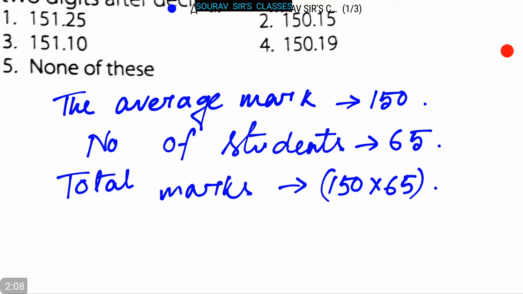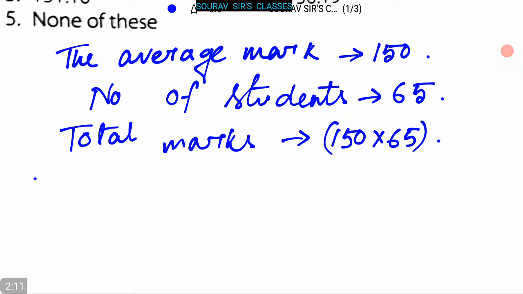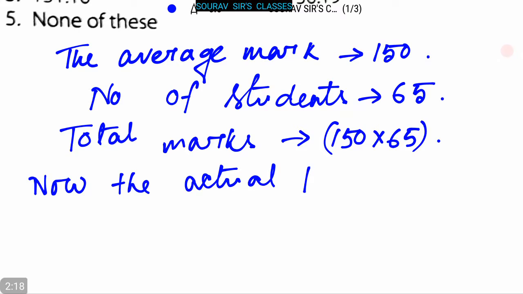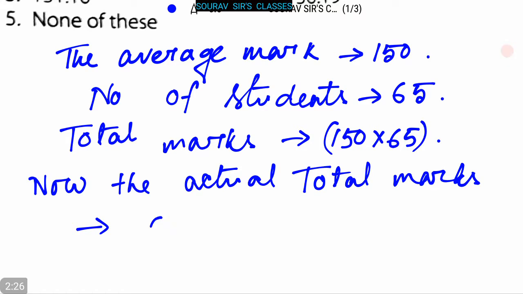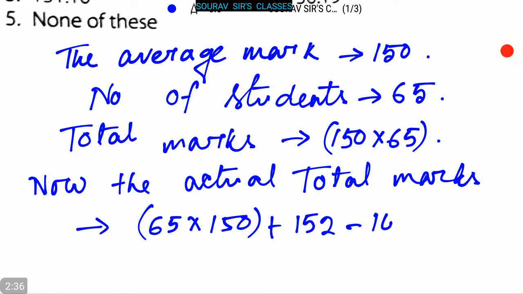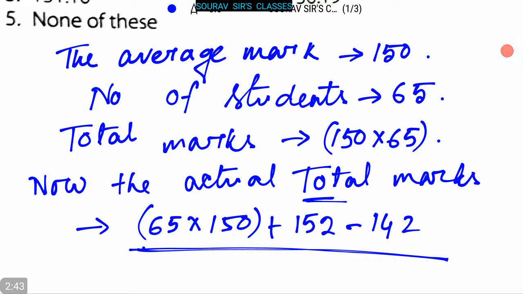So now the actual total mark is 65 into 150 plus 152 minus 142. This is the total actual mark. So actual total mark is this one.